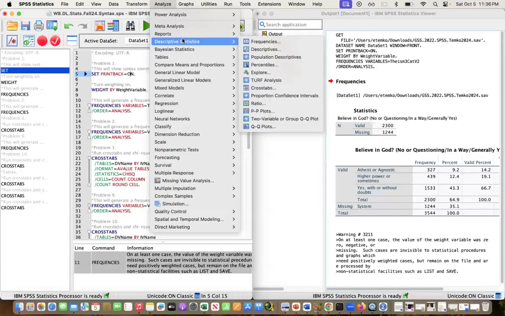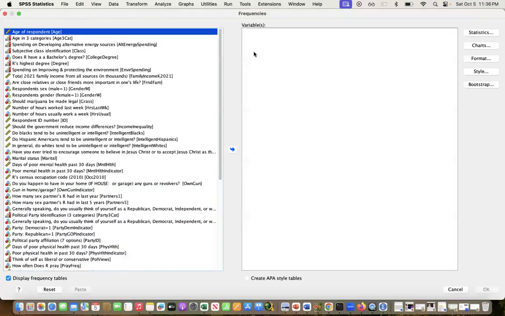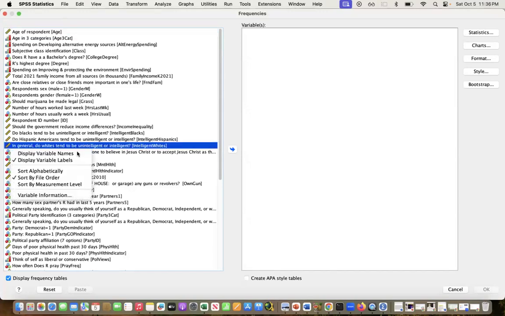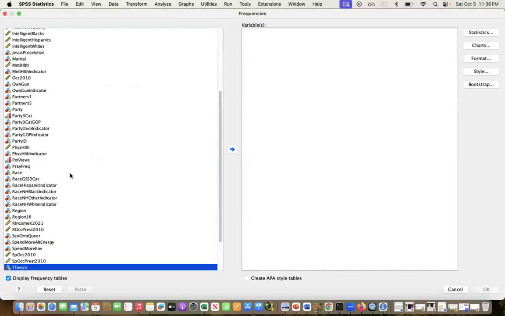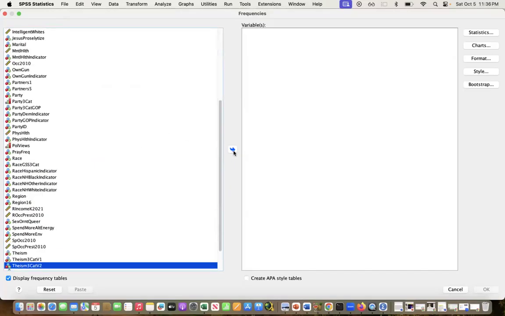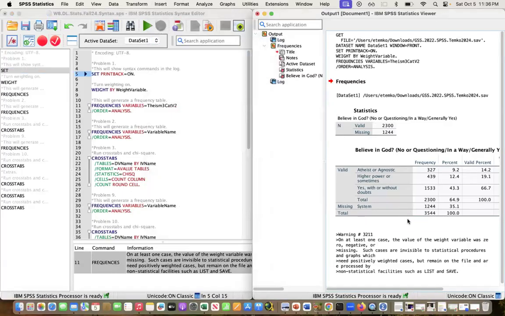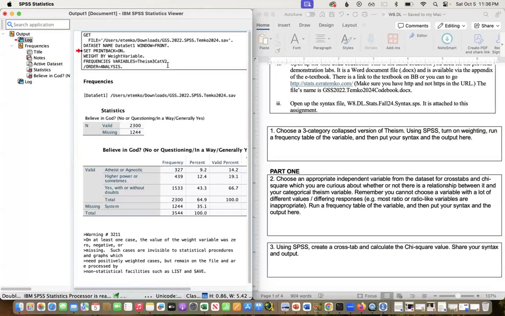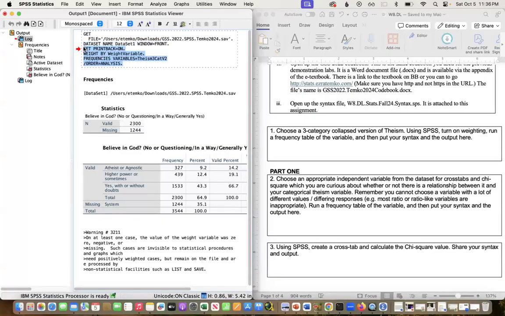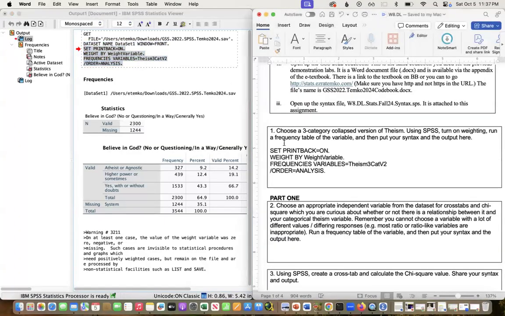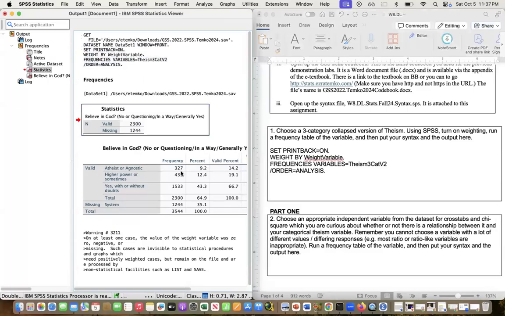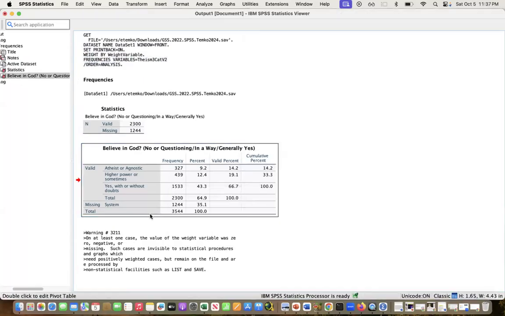And then analyze, descriptives, frequencies, make sure display frequency tables is checked, find that variable, the theism 3cat version 2, and click OK. Okay, so I'm going to put my syntax in, and then I'm going to put my frequency table in.